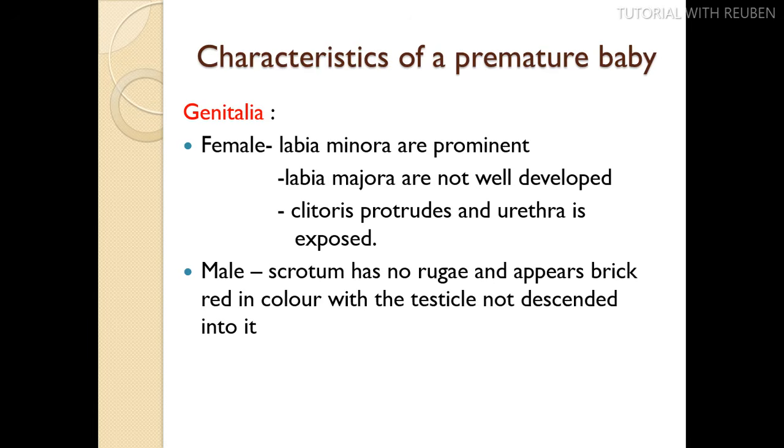Then when you examine the respiratory system, you're going to notice irregular respiration, and the cry of the baby is weak or high pitched. The cough reflex is weak or absent. So those are the characteristics of a premature baby.